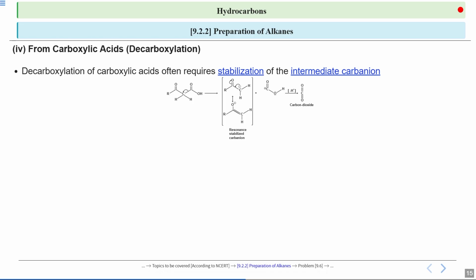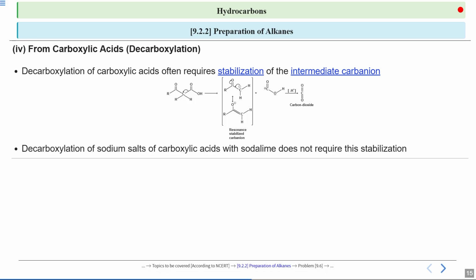You can see that after removal of this COOH, the negative charge goes on a carbon which is next to the carbonyl carbon. Now here your carbonyl carbon and your negative charge can be under resonance, right? You can see that a second resonating structure is possible for that. And this stabilization of the negative charge allows the decarboxylation directly without forming the sodium salt.